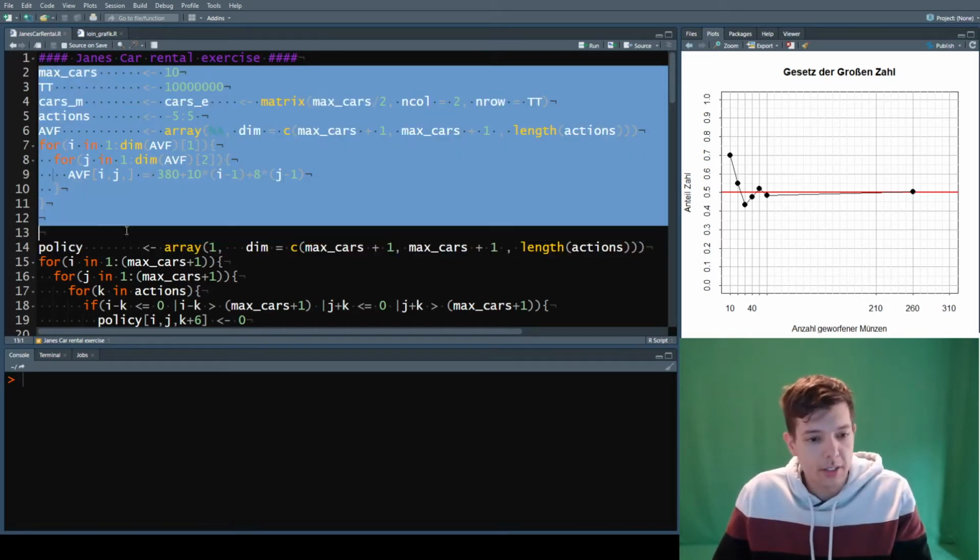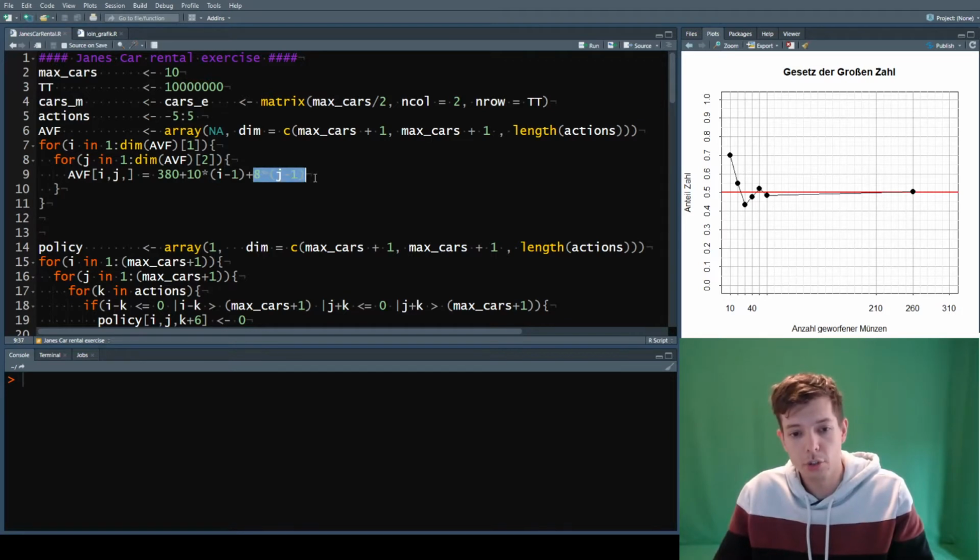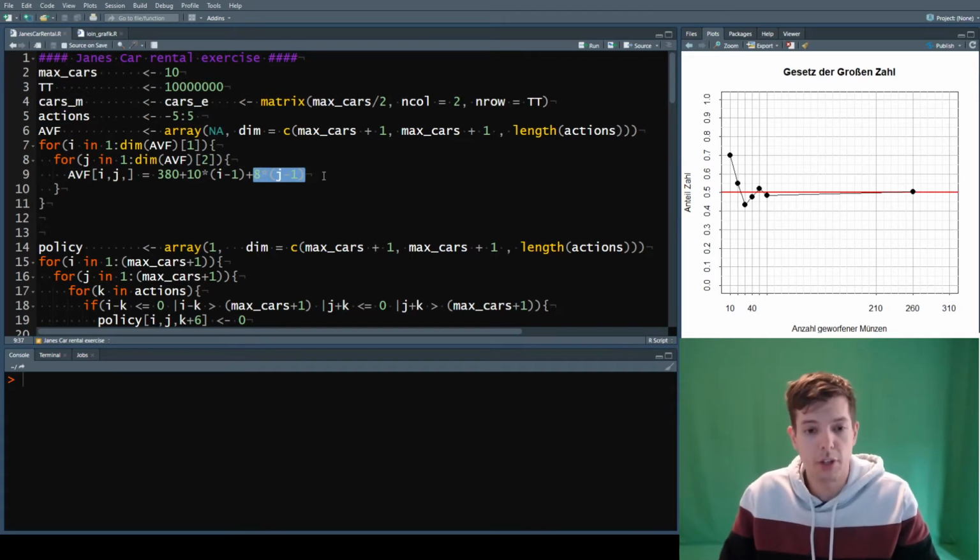First of all, we initialize everything. We initialize the action value function as 380 plus 10 times the cars in location 1 plus 8 times the cars in location 2. And the reason for that is that a rental gives us an instantaneous cash flow of 10 in either location, but we receive many return cars in the second location, but not many rental requests in the second location.